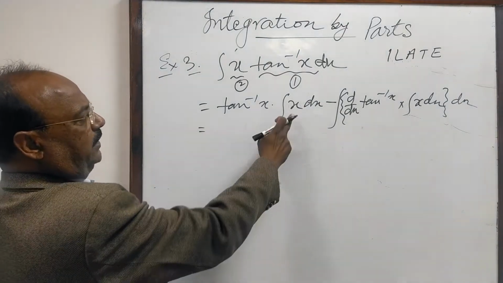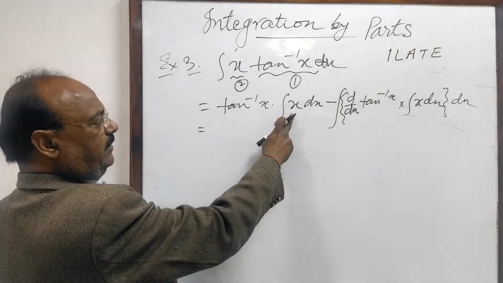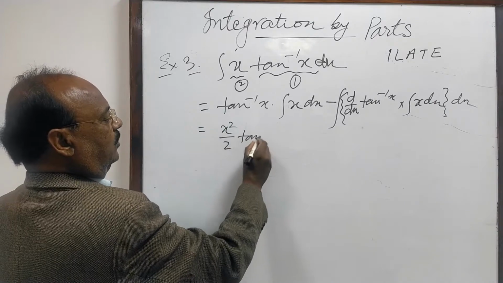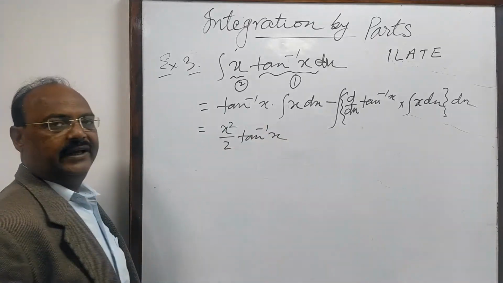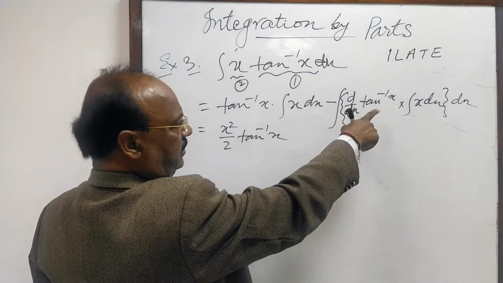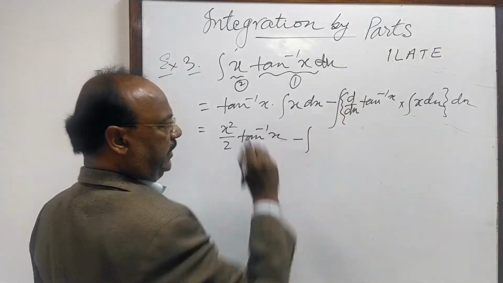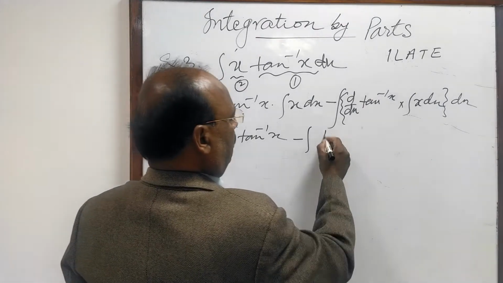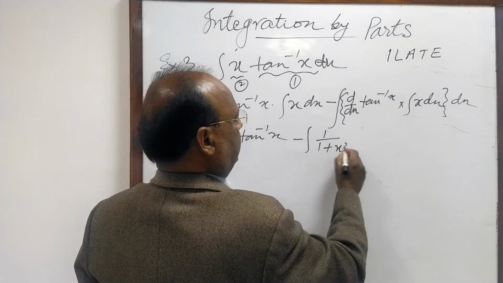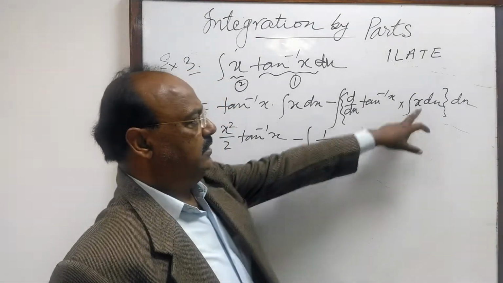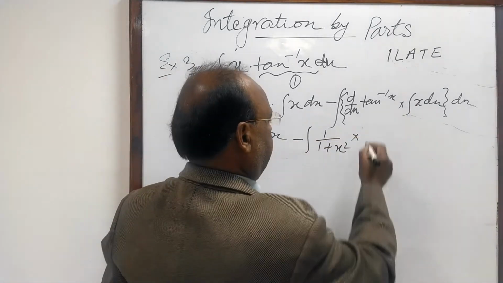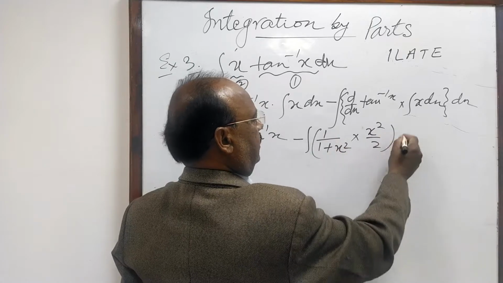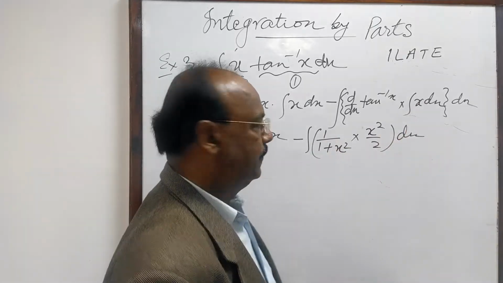Here integral of x is x square by 2, so we can write x square by 2 into tan inverse of x. In the second term, this is integral of d/dx of tan inverse x, which is 1 by 1 plus x square, into integral of x, which is x square by 2, and we write dx here. Clear?